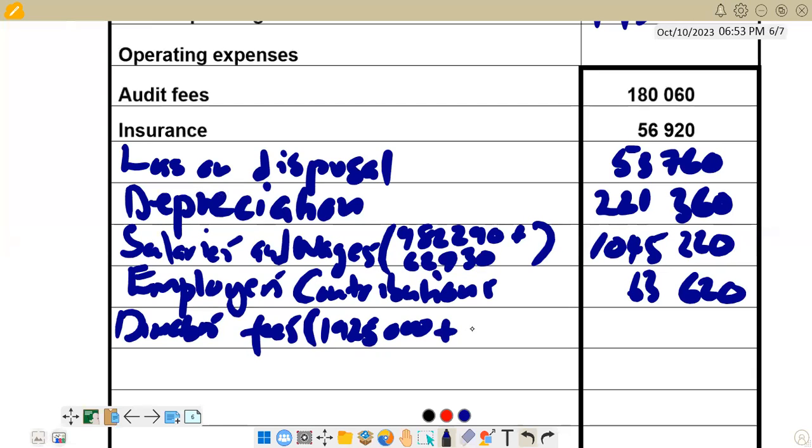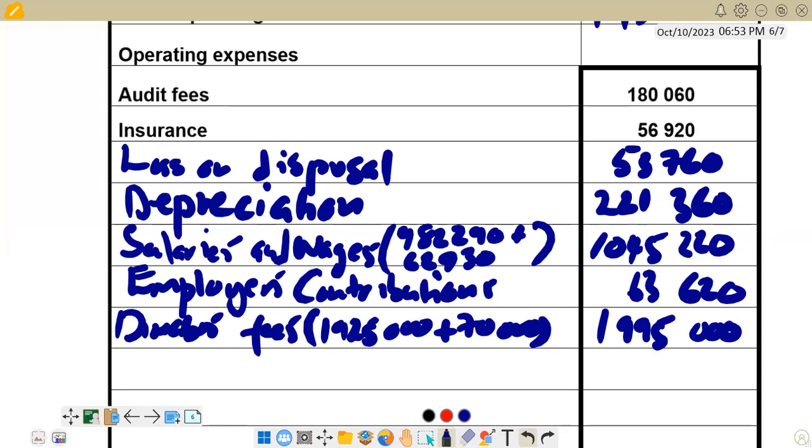Then we add the 70,000 that was owing. So if we add there, we are supposed to get 1,995,000. Right. That is what you have on director's fees.